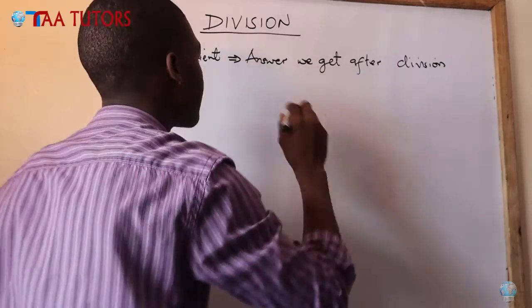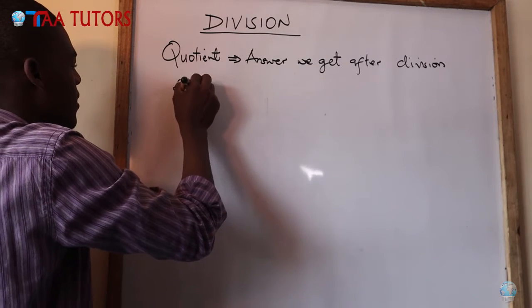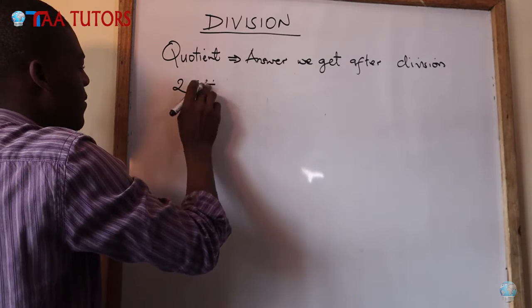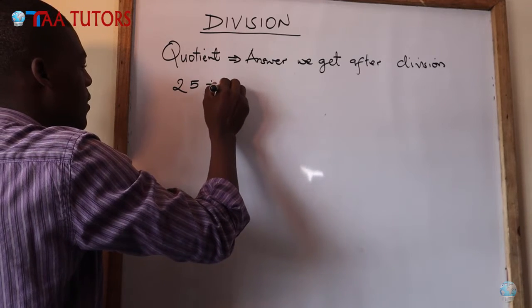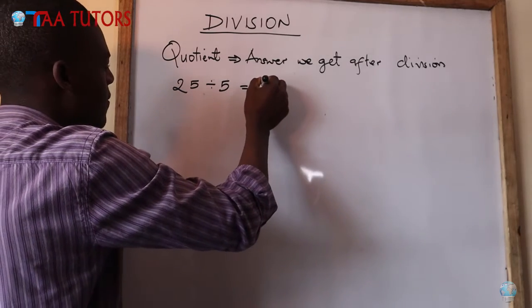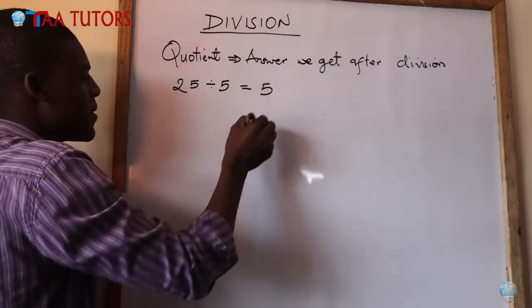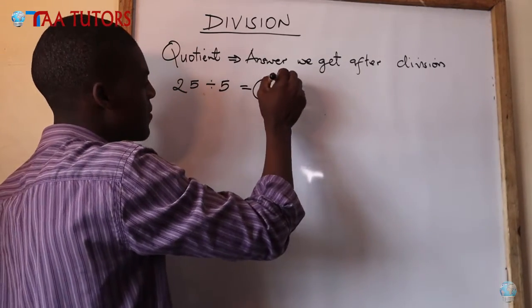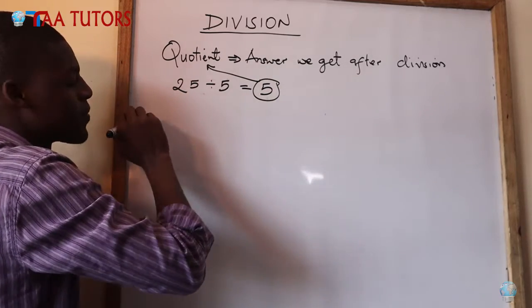So when you are given numbers, let's say 25 divided by 5, we know that 25 divided by 5, the answer is 5. Now in this one, the digit 5 as our answer is what we refer to as quotient.